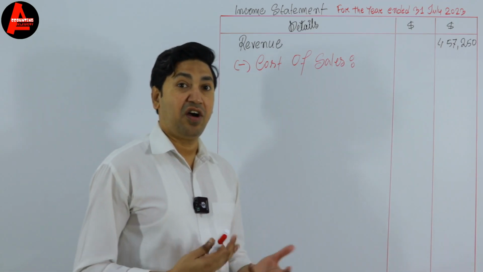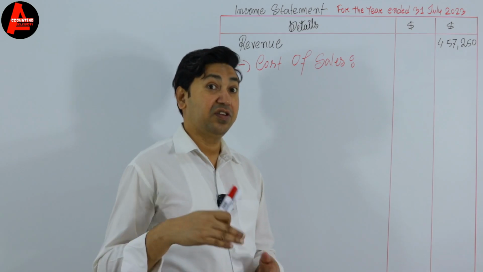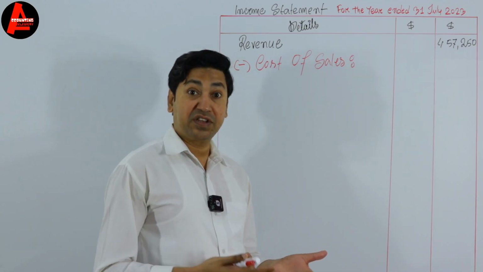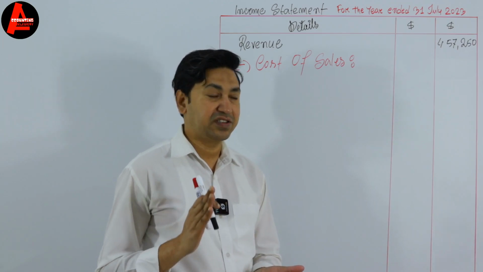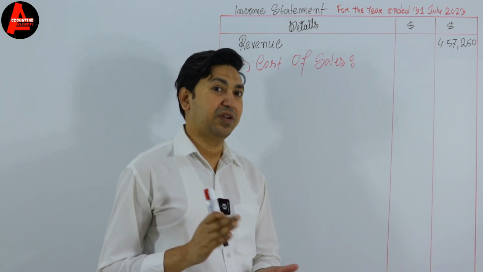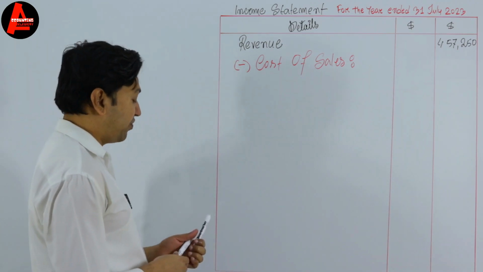So all finished goods related items will be included. You also have raw materials and work in progress at the same time. Do not take them, only finished goods. Many students make this mistake in the exam.